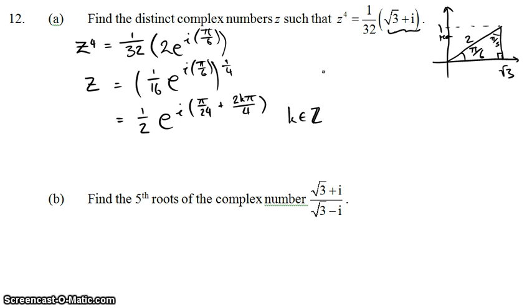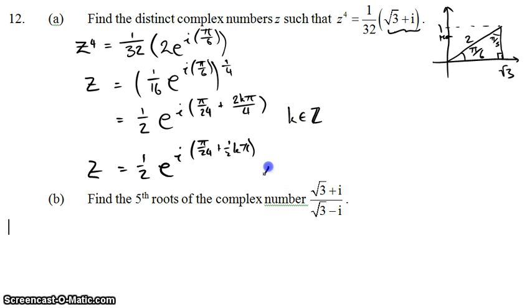So actually this can do me almost. All I have to do here is pretty much leave it. This is my answer: z is equal to 1 over 2 e to the i pi upon 24 plus 1/2 k pi. Then I should choose some values of k so they know I know what I'm talking about.